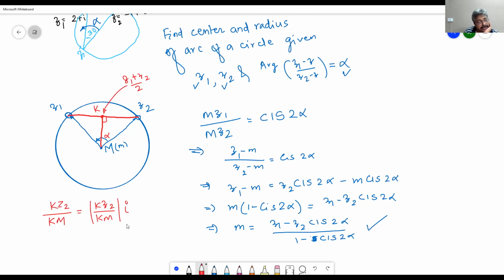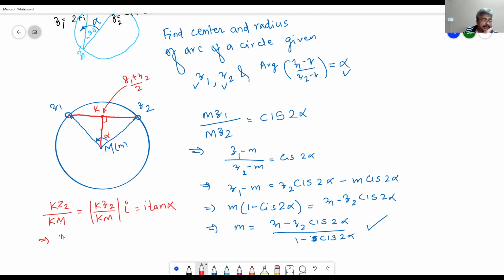Yes or no? Km rotated anti-clockwise becomes Kz2. And of course, right now, unfortunately, they are looking the same. This is congruent to this, but it need not be, and it is not going to be. So, if this angle is alpha, then this upon this is tan alpha, i tan alpha.